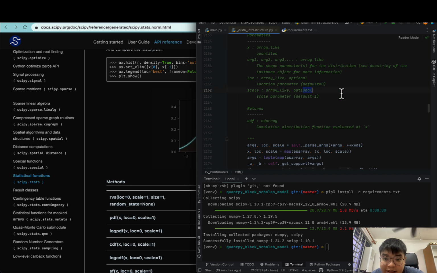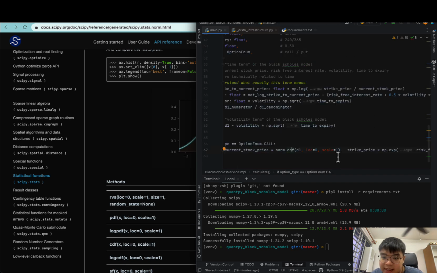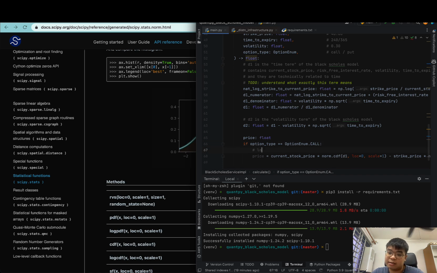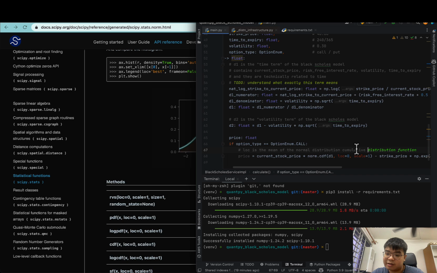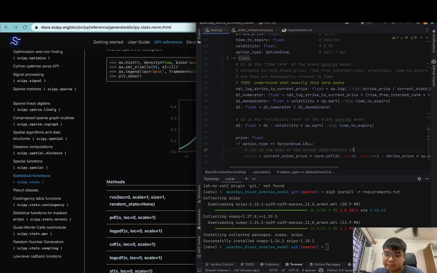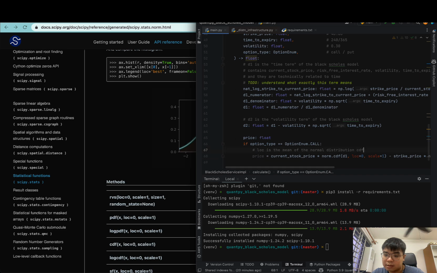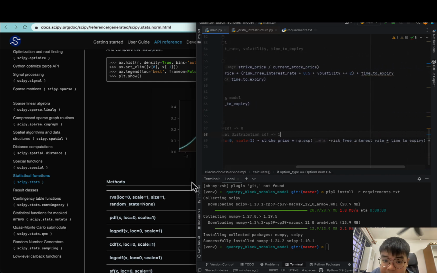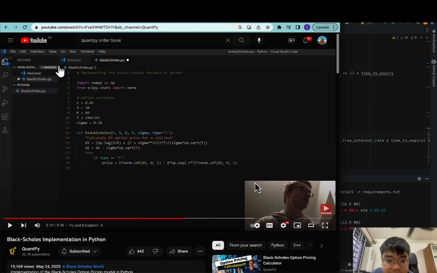Yes, it is the default, but for readability, I'll just leave it like this so that we know that loc is the mean of the normal distribution CDF. So this is around 0, and scale is the standard deviation here. And let's come back to this.